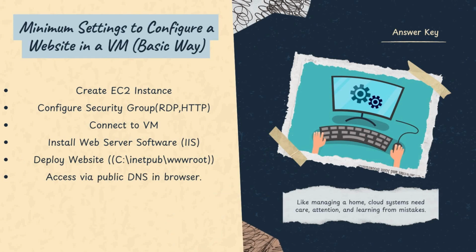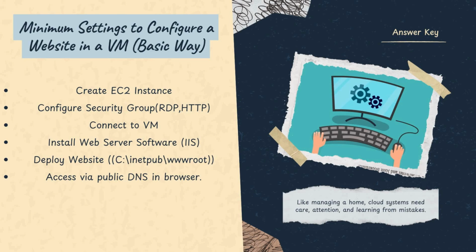Okay, the last one is the basic settings to host a website inside the virtual machine. Create an EC2 instance and configure the security group. Don't forget to enable RDP and HTTP. Next, connect to the VM. Next, install the web server software, IIS.